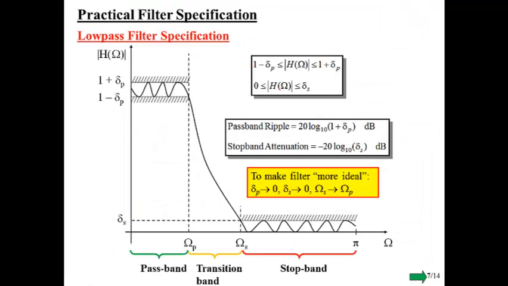So let's talk about specifying practical filters, and then we can talk about ways of trying to achieve our specifications. For that filter that we just looked at, what we saw was that there was some ripple in the pass band. So we can specify, and on the diagram on the vertical axis, I'm specifying this in non-dB, a range, this delta p, that is plus and minus from 1, and we can then convert that into a dB value like that.